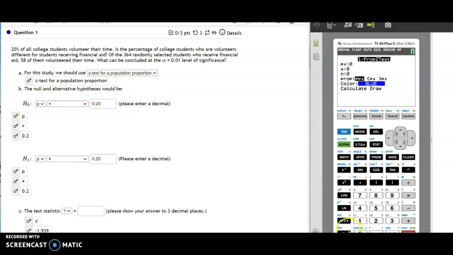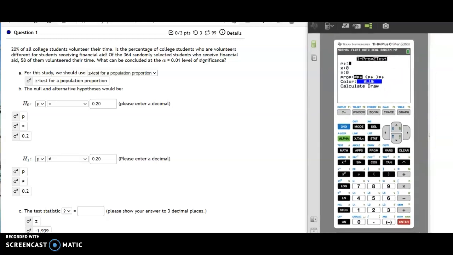So in this case, that would be 0.2. And then the x is how many out of a total of whatever your n is. So we had 58 out of a total of 364. So that's kind of our sample data.